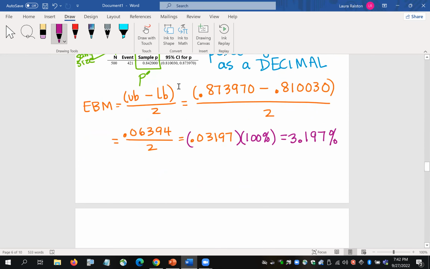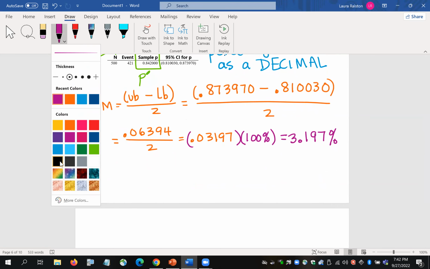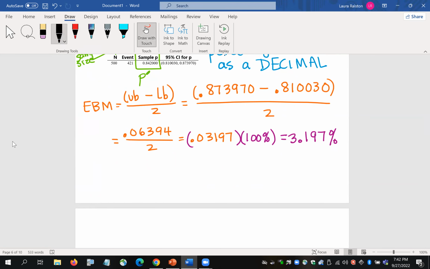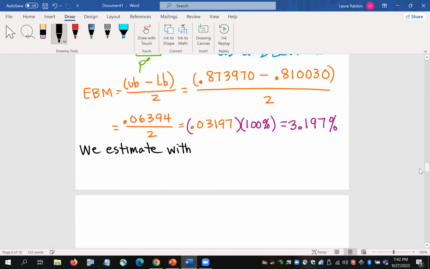We then write our conclusion. We estimate, with, what was it, 90 or 95? 95.